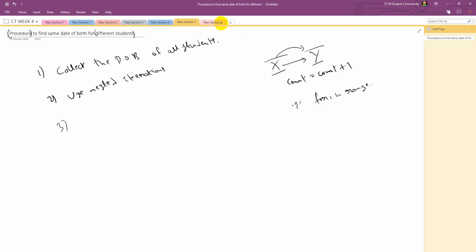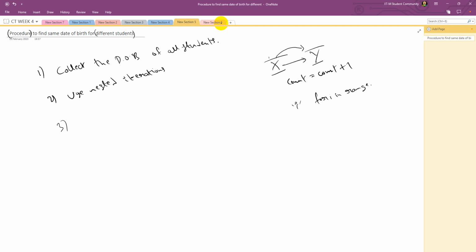Okay, I hope you understood what an outer and inner loop does. Within the inner loop, we compare the date of birth of the current student with the date of birth of the student in the outer loop.